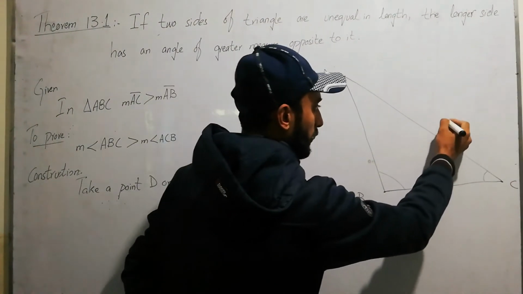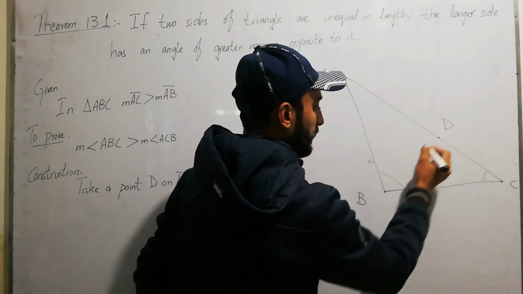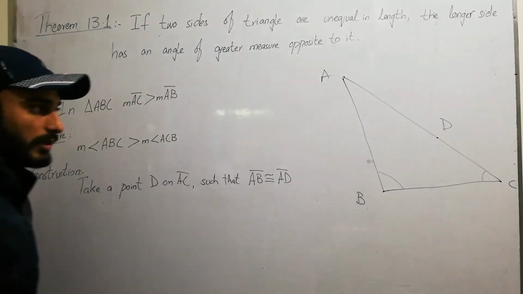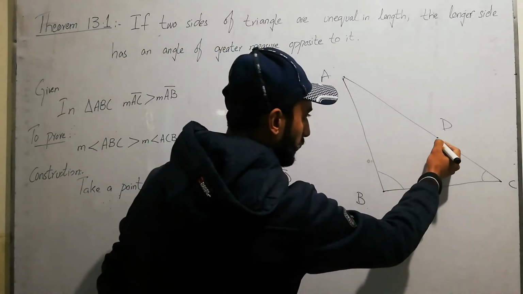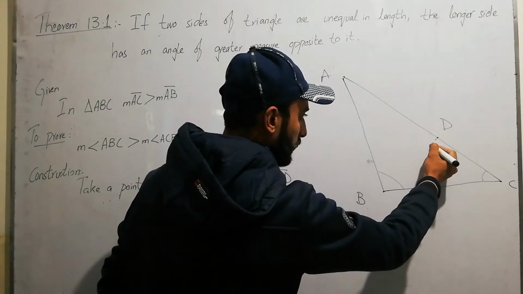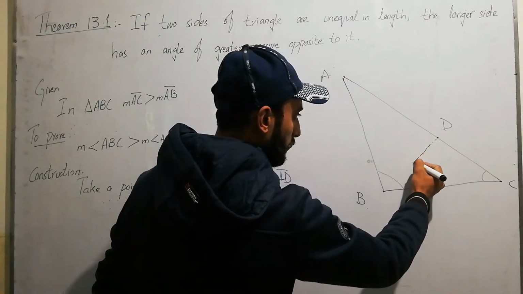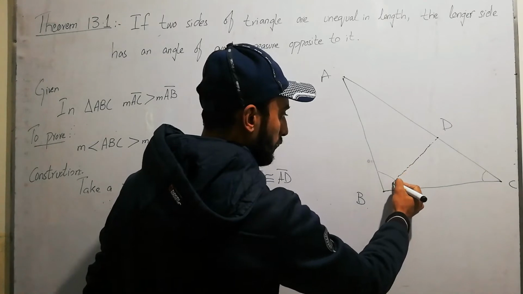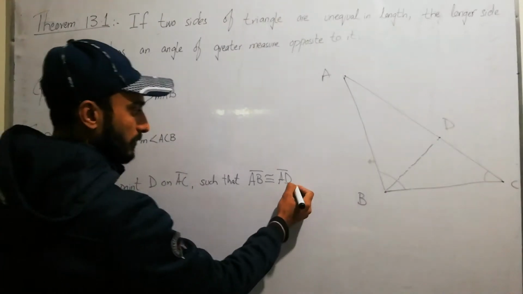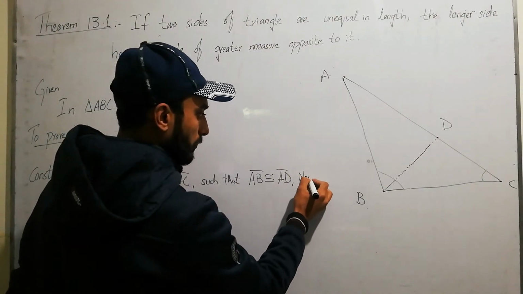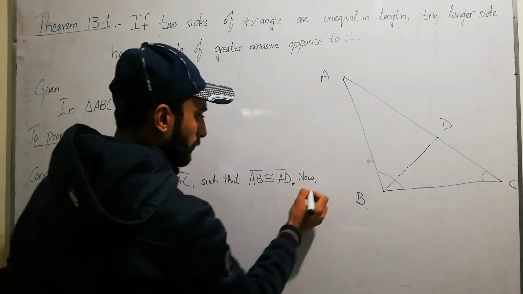Take a point D on AC such that AB is congruent to AD. Now join B with D.